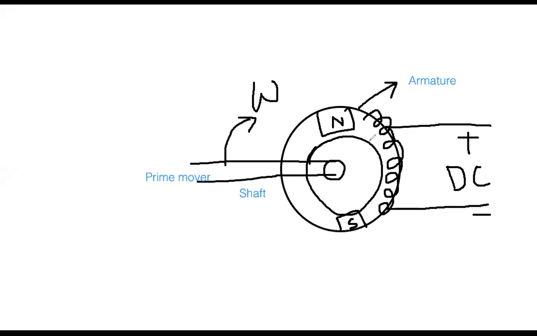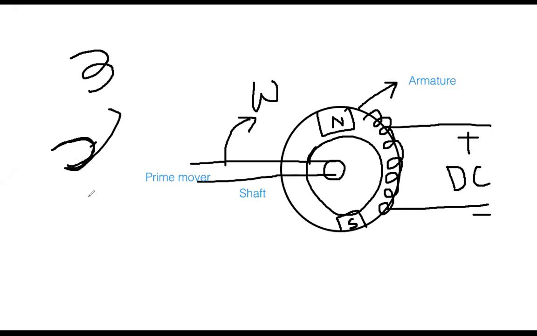Okay, this is that whiteboard that we are discussing. For example, this is one coil. In this coil, there are two conductors. You see, this one is one conductor, and this one is the other conductor.